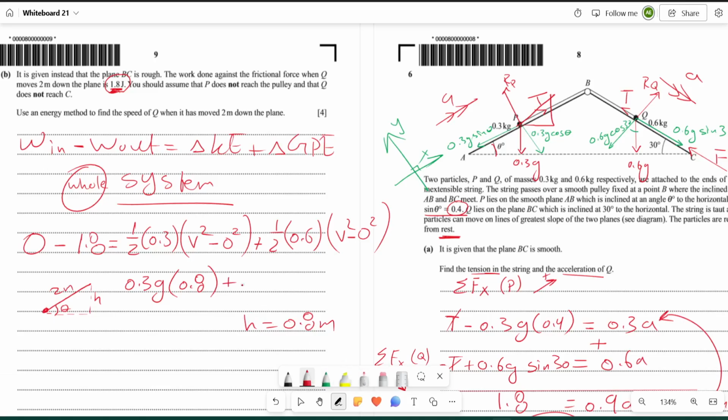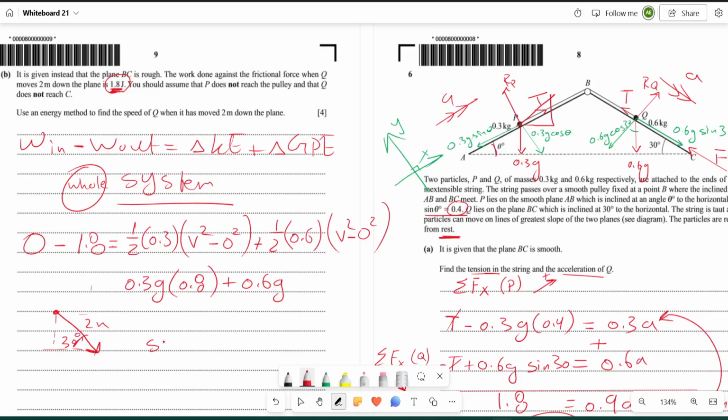Now let's do the same for Q. So it's 0.6 times g times h of Q. How much did h move? Did Q move vertically? So Q started like this. It moved down the slope 2 meters, and we know that this angle over here is 30 degrees.